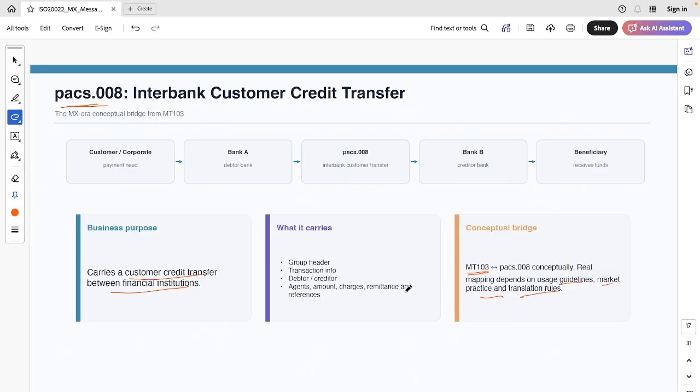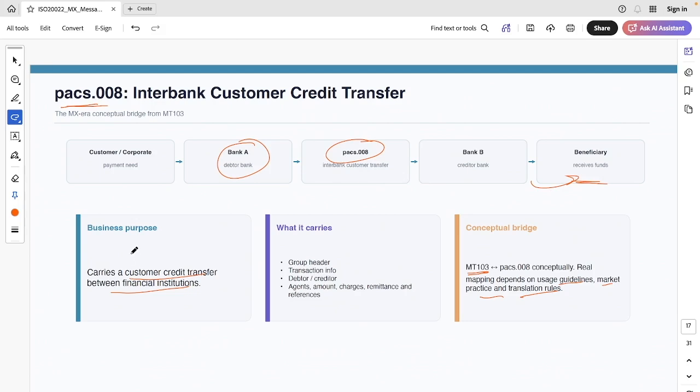In a typical scenario, a corporate or customer needs to pay a beneficiary, right? The debtor bank sends the customer credit transfer through a payment chain. The beneficiary ultimately receives the fund through the creditor bank.